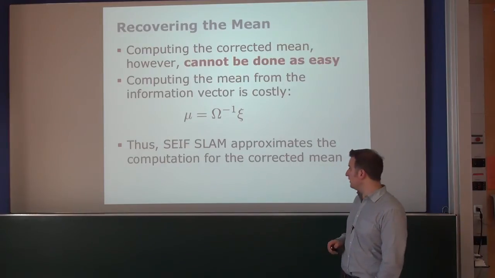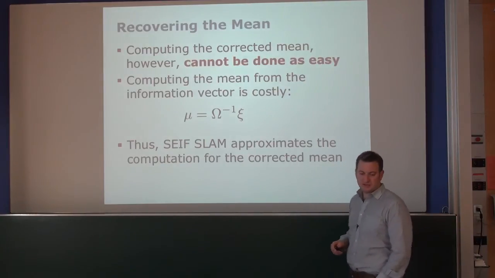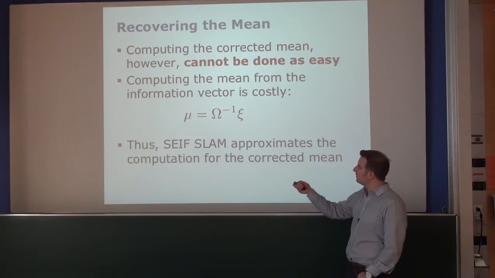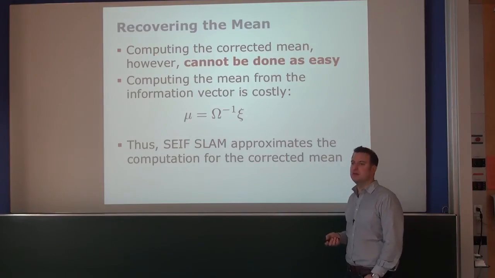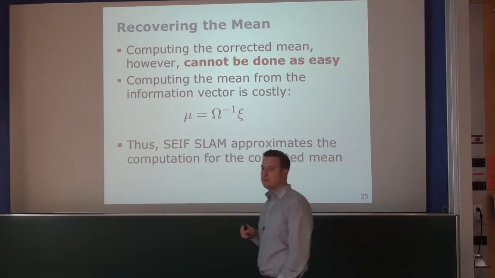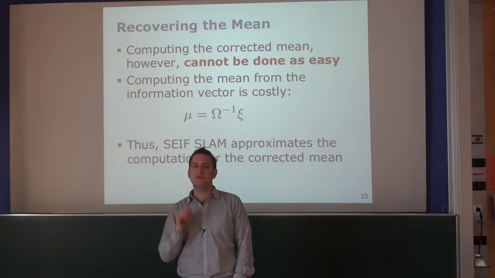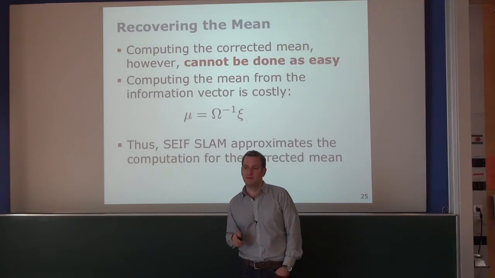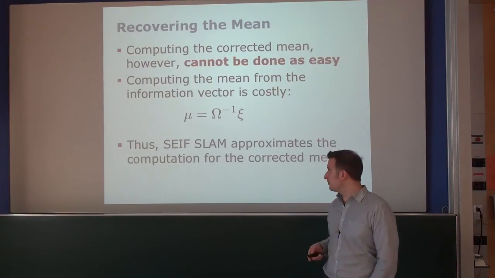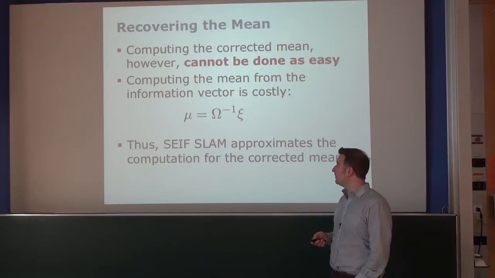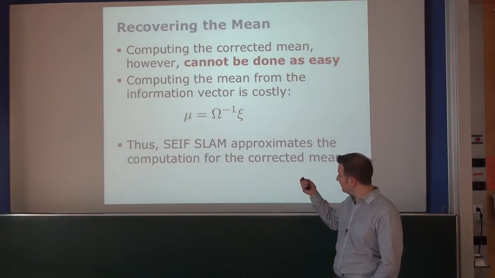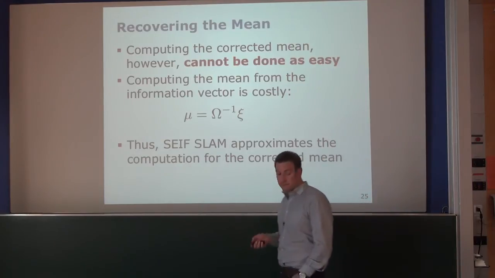And thus the sparse extended information filter for SLAM performs an approximation of this operation. Just to say, how should the correction of the mean actually look? Can I correct a few of the dimensions that actually matter to me and get a better estimate, so that I can use it in the sparsification step and have a better idea of what the corrected mean looks like?